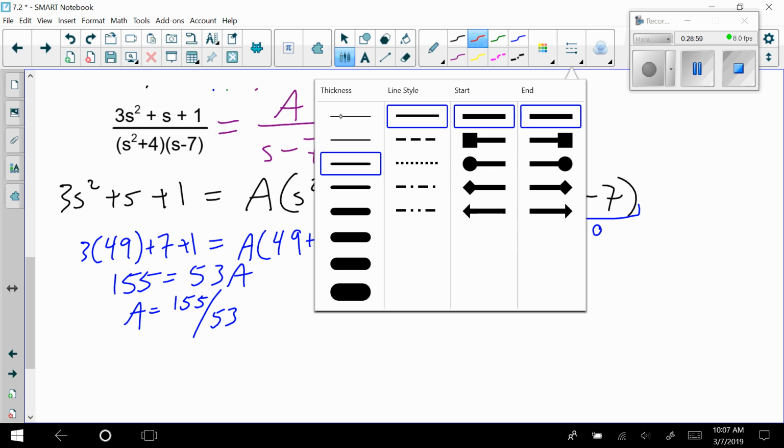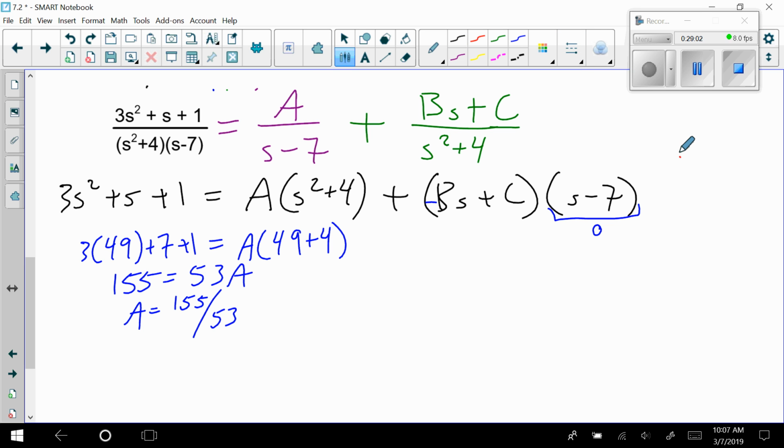Next, it'd be really great if I could think of a way to get rid of this A here. Let's see, what would make this part 0? Well, maybe I can't because it's S squared. So even if I put a 2 in there, I'd make a 4. I'm running into problems there. What we can do is, could I get rid of this B?